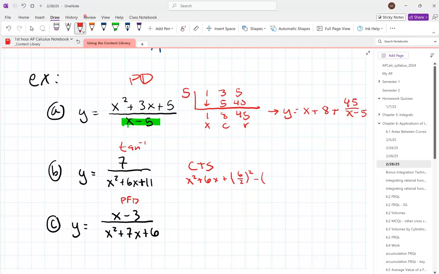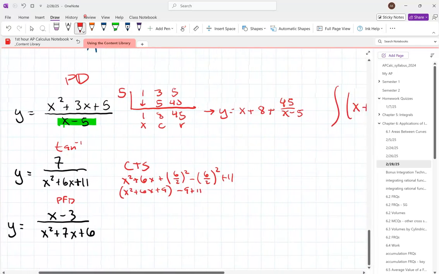And if I'm adding it, I have to subtract it right after, because it's like doing nothing at all. And then I still have that plus 11. So x squared plus 6x plus 9, that's a perfect square. That's x plus 3 squared. And then I have a plus 2 left over.